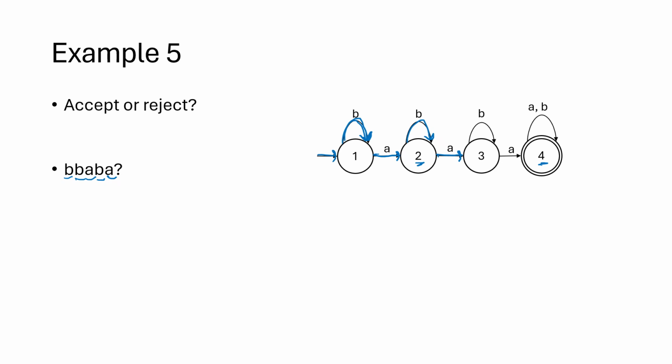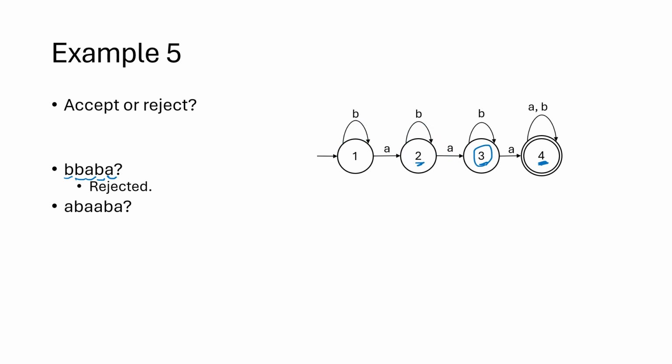So I made good progress toward reaching the accepting state, but I ended up at 3. I didn't exactly get to the accepting state. So since I ended up at state number 3, which is not an accepting state, this input will be rejected by the machine.